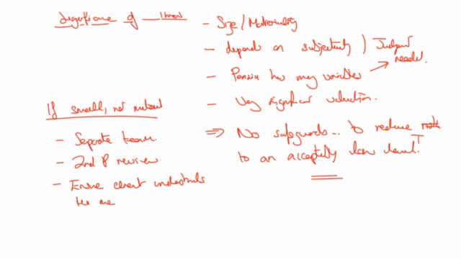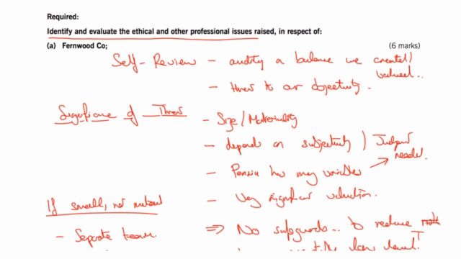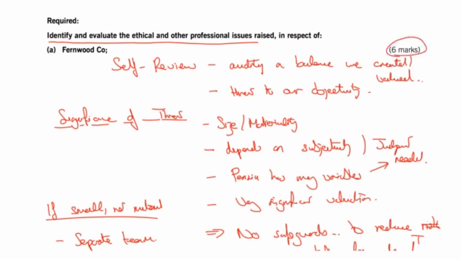So they understand the methods that we use, the assumptions that we use. They are ultimately responsible. And of course you need to make sure that we have got the skills necessary to do it. So the way we went about that, again, we explained the threat, we looked at the significance of the threat, and then we looked at possible safeguards that we could use. And that's how you go about getting your 6 marks, folks.